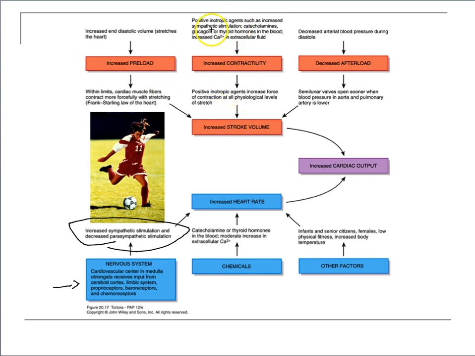Because of all of the physiology required here, you actually have increased calcium inside the extracellular fluid, and therefore increased contractility. You also have decreased arterial blood pressure during diastole, and therefore you're going to decrease the afterload. And the semilunar valves will open sooner because the blood pressure is lower. All of this leads to increased cardiac output.